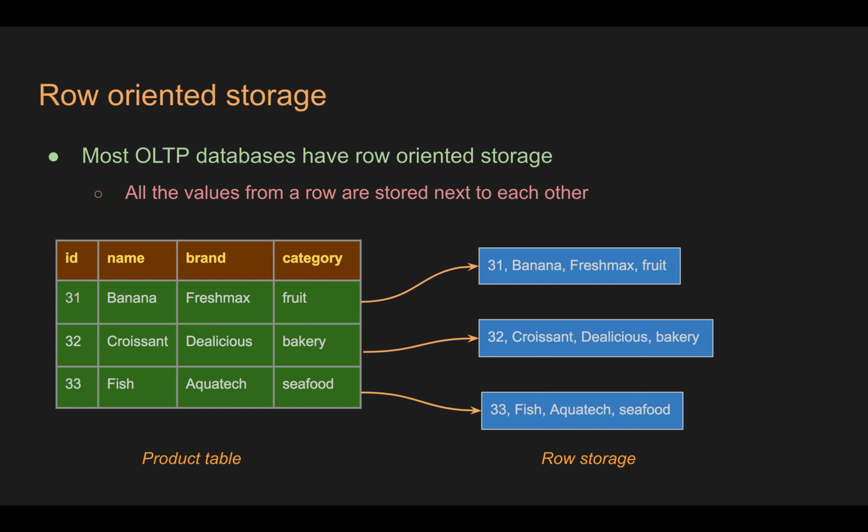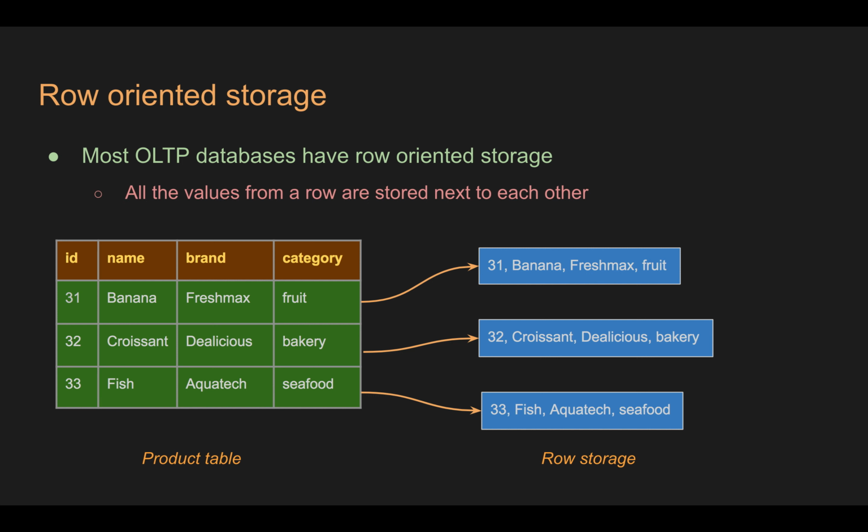Before looking at column-oriented storage databases, let's see how row-oriented storage works and why we need column-oriented storage. Column-oriented storage databases are needed for our use case of data warehousing, and we'll get to that in a bit. In most OLTP databases, the storage is laid out in a row-oriented fashion.